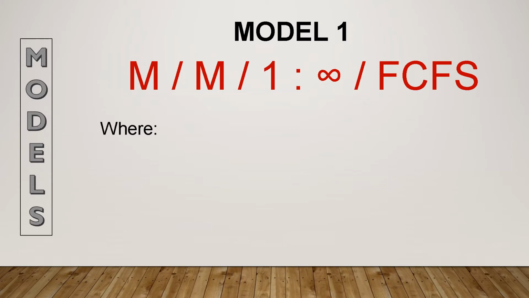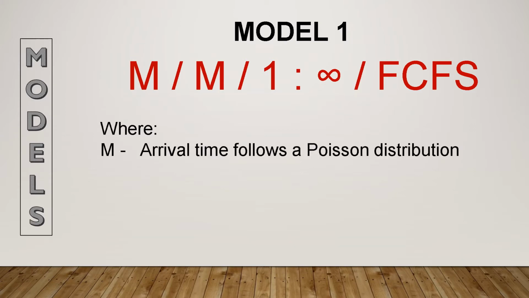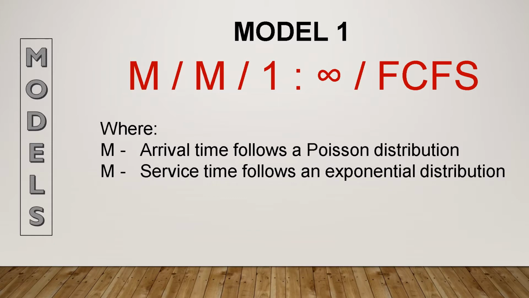The first element on the left column, M, stands for the arrival time, which follows a Poisson distribution. Then the next M stands for the service time that follows an exponential distribution.